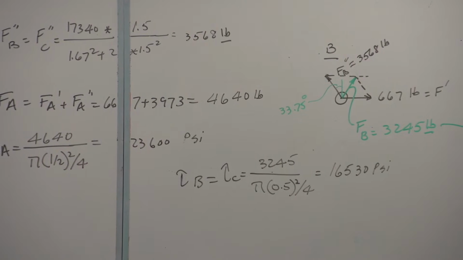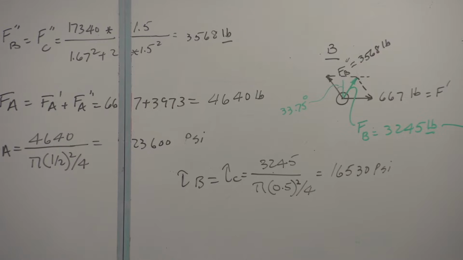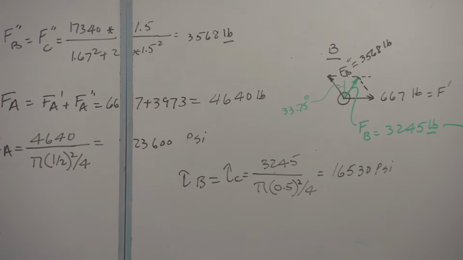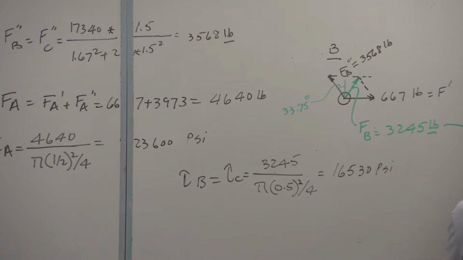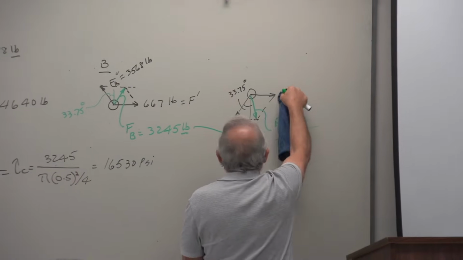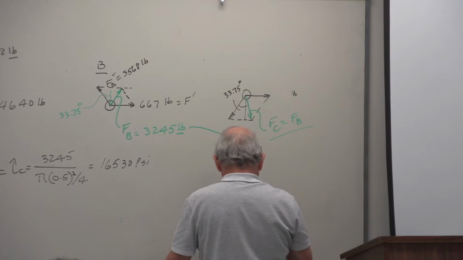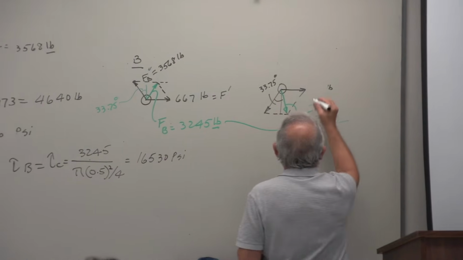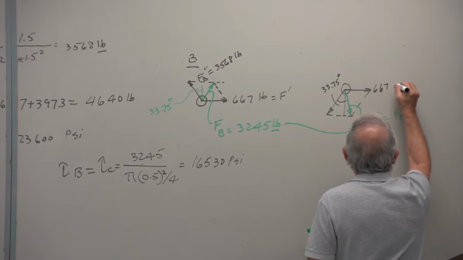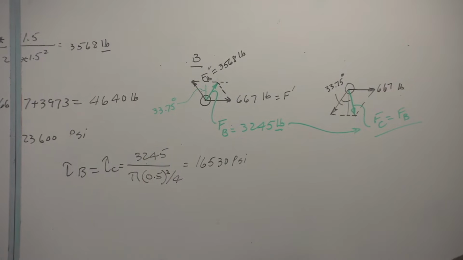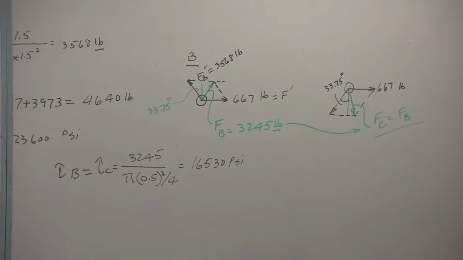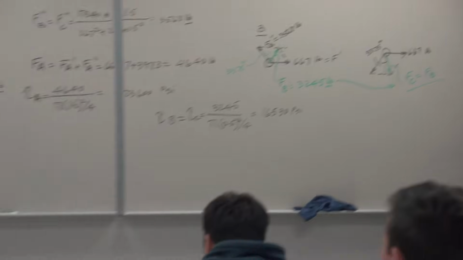Is the horizontal force for C supposed to be 667 instead of 660? Oh, yes, 667. Thank you. Same as the other two. The answer is still correct, however. Any other questions?